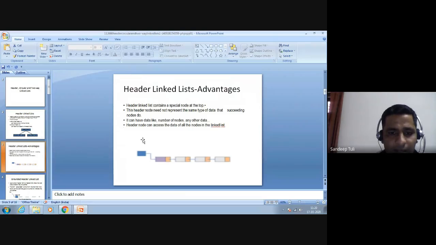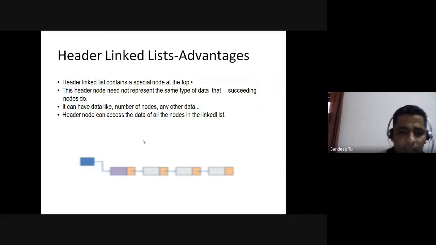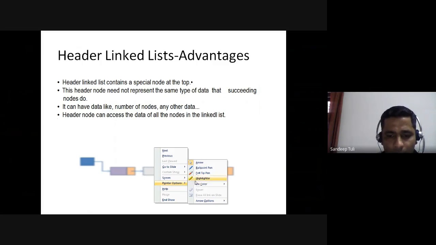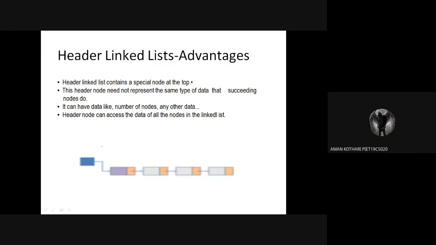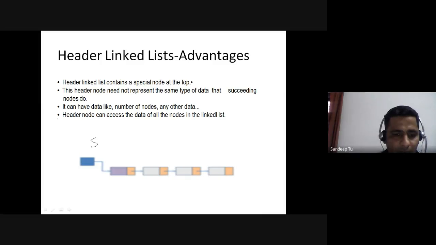So a header linked list is a linked list in which we have a special node known as the header node. As you are seeing in this diagram, this one is the start node, this one is the header node, and this one is the first node of the linked list.